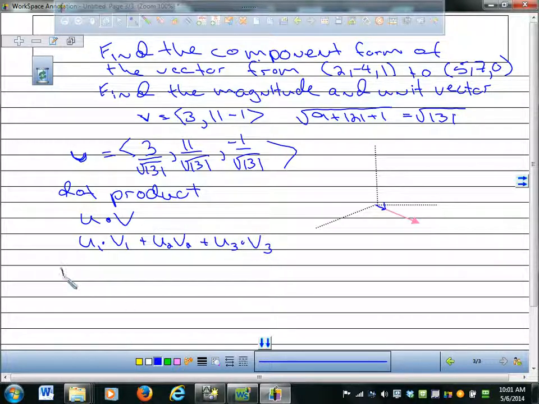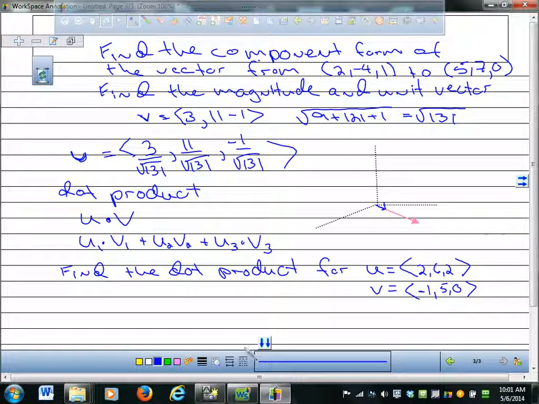So find the dot product for u equals 2, 6, 2, and v equals 1, -1, 5, 0.